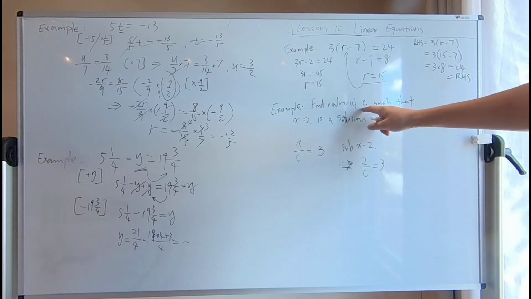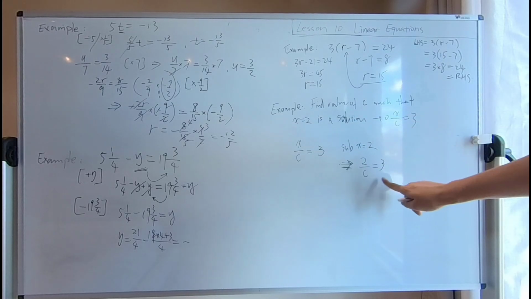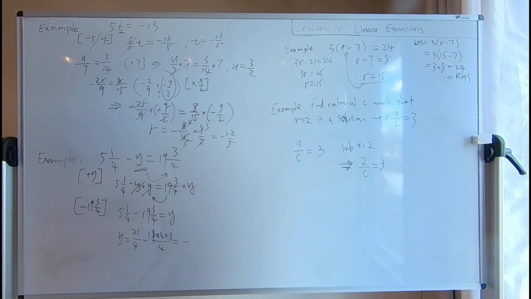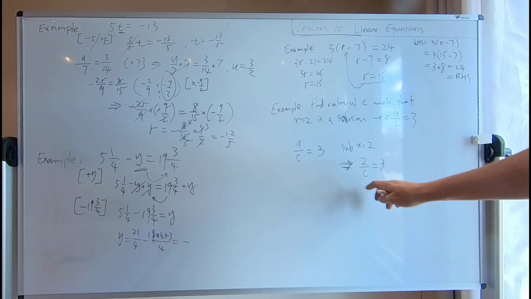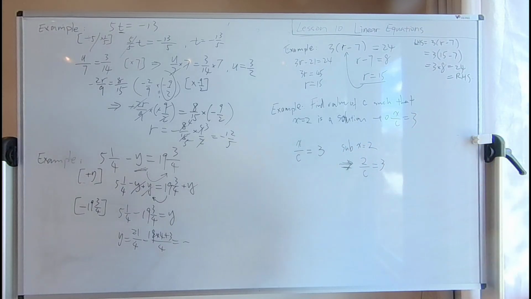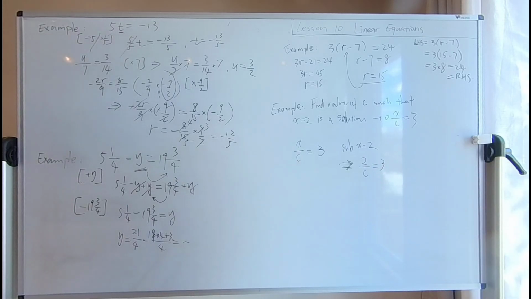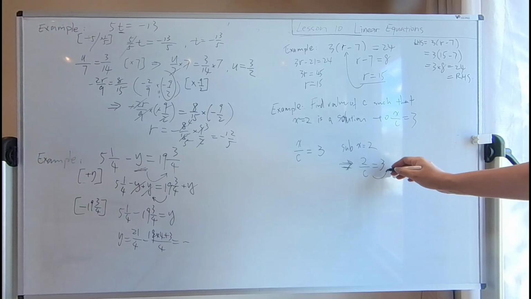Then what I need to do next is to find the value of c to make this true. Even though it's an equation of x, up to this step it's equivalent to solving for c from here. So I can move c over here and then divide by 3 over there.